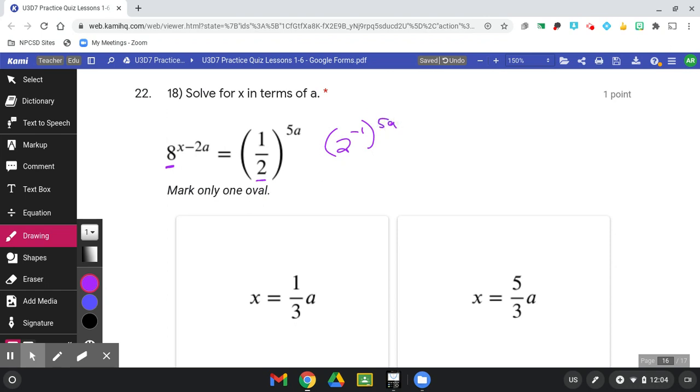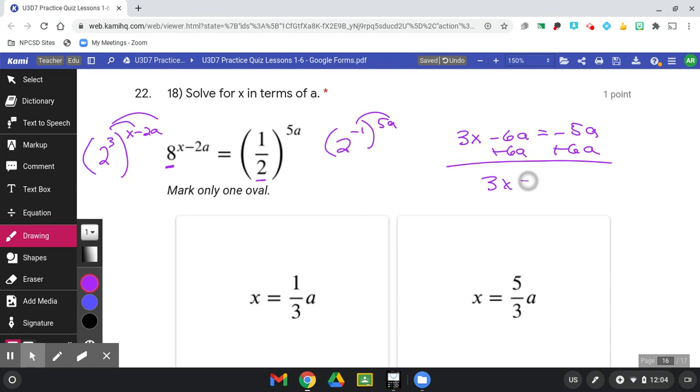And then 8 is the same as 2 cubed. So I can use 2 as my common base. So I'm going to multiply and set the exponents equal to each other. Add 6a to both sides, and I get 3x equals a. Divide both sides by 3, and I get x is equal to a over 3, or 1/3 a.